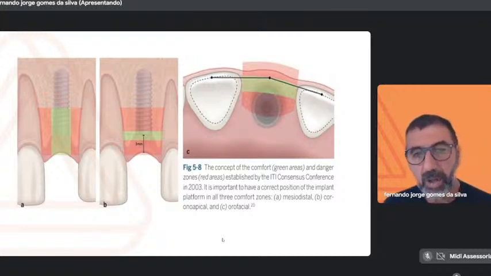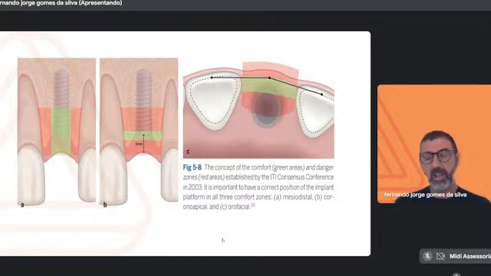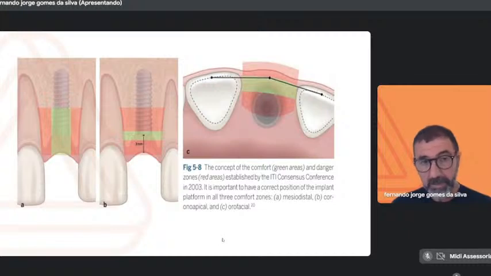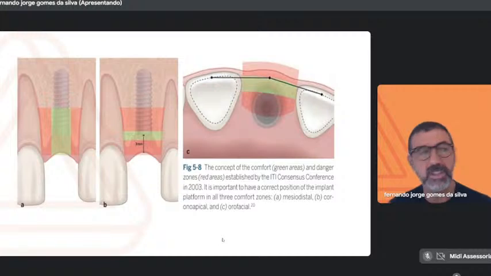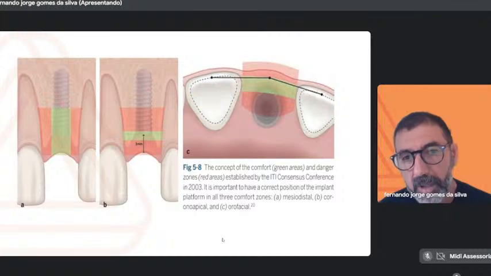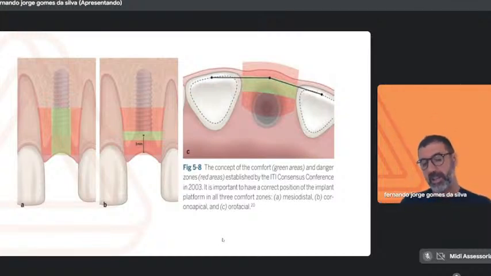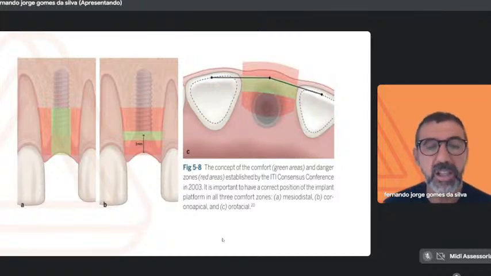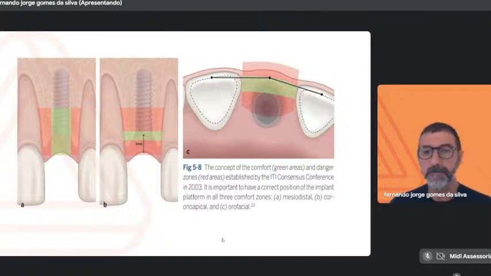The coronal-apical is very important because we have to maintain a distance between the implant connection and the gingival margin. This distance is very important to build the emergence profile. In this case, the distance is 3.5 millimeters.